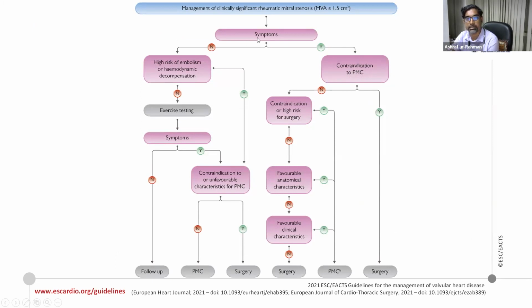And if the patient is symptomatically okay, but there is high risk for embolism, and on exercise testing there are symptoms, and there is contraindication or unfavorable characteristics for PMC, then they should proceed for surgery. If there is no contraindication or unfavorable characteristics for PMC, they should proceed for PMC. This is a class 2A indication, class 2A.